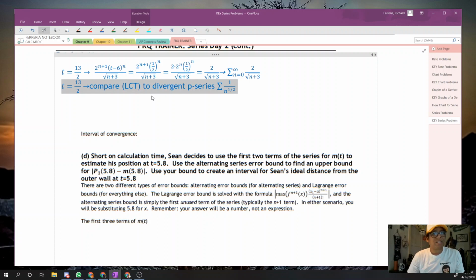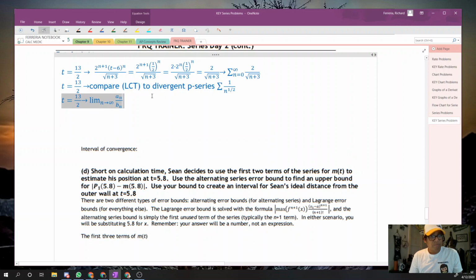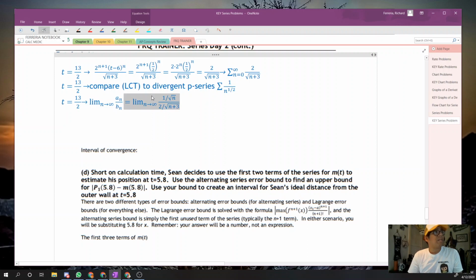So LCT says you take the two series and compute the limit as n approaches infinity of their ratio. If I do that, that's the limit as n approaches infinity of 1 over root n over 2 over root n plus 3.